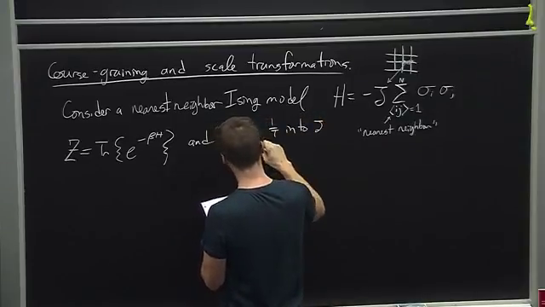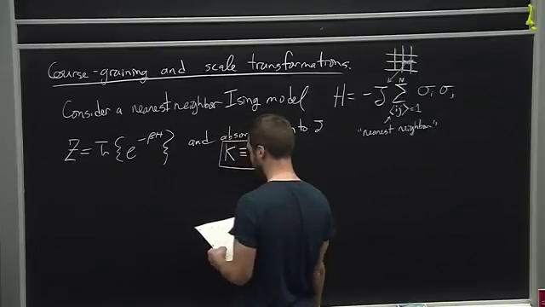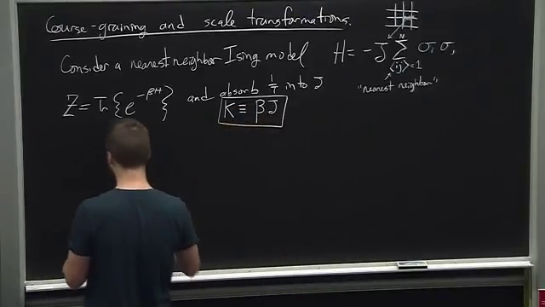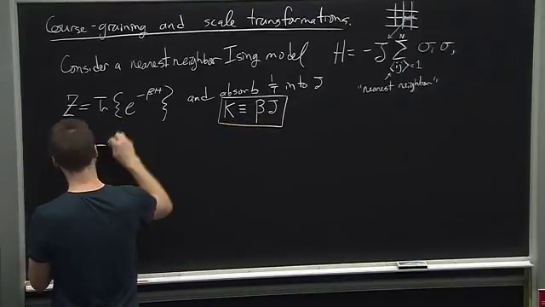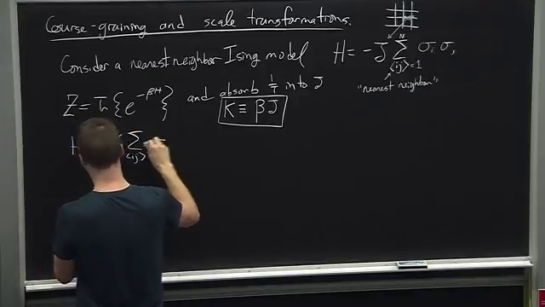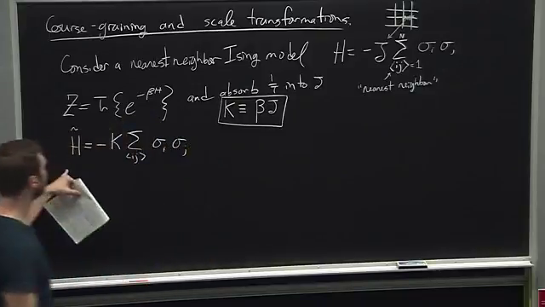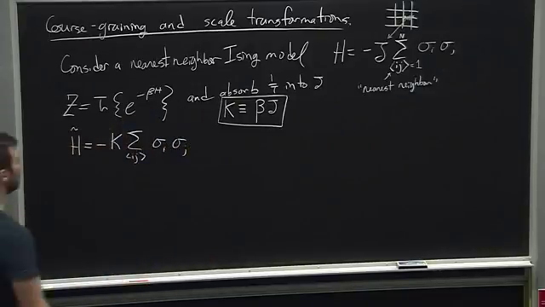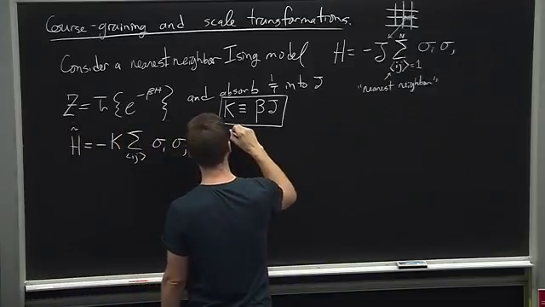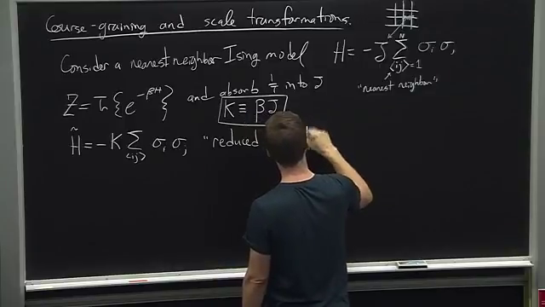I'll define it as K, so that my Hamiltonian H tilde, redefined appropriately, is called the reduced Hamiltonian.